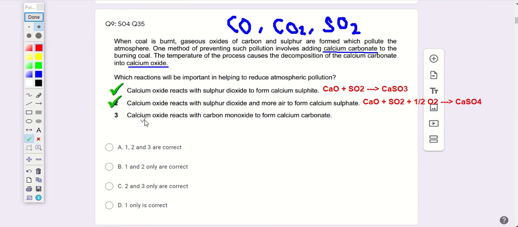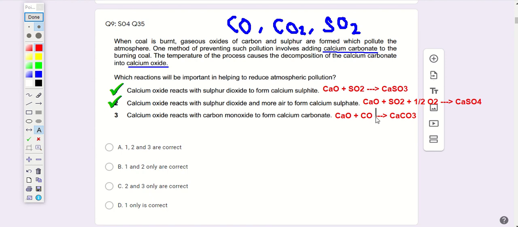Now, the third one: calcium oxide reacts with carbon monoxide to form calcium carbonate. Let's write the equation again. Calcium oxide reacts with carbon monoxide. From the statement, I should get calcium carbonate. Now, let's look at whether it is balanced or not. 1 calcium, 1 C, 3 O here, but only 2 O here.